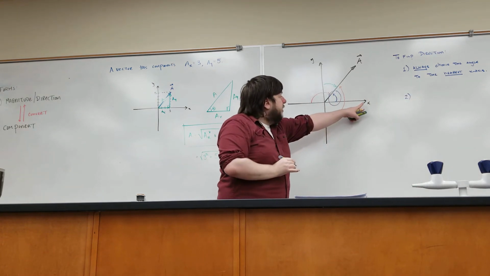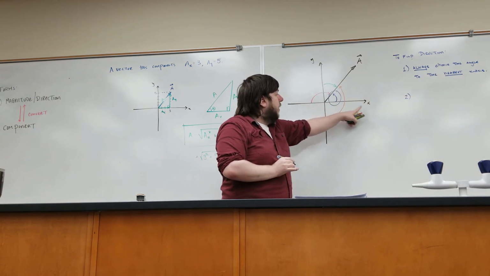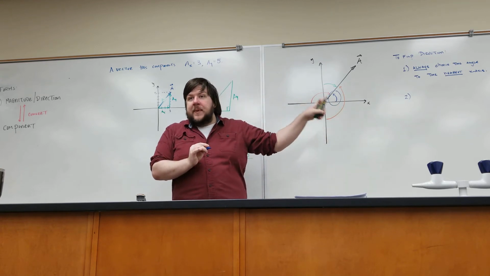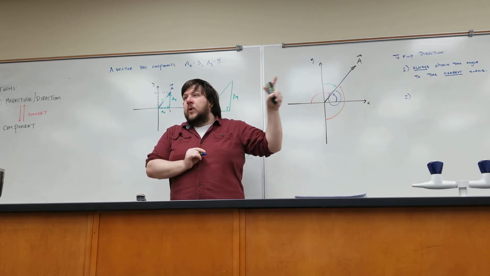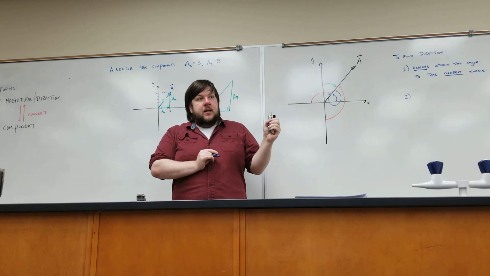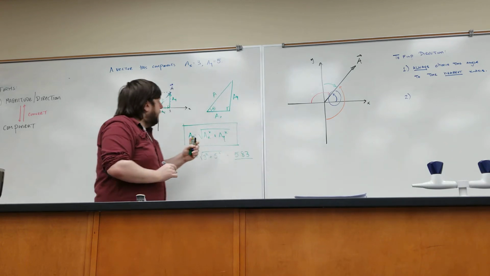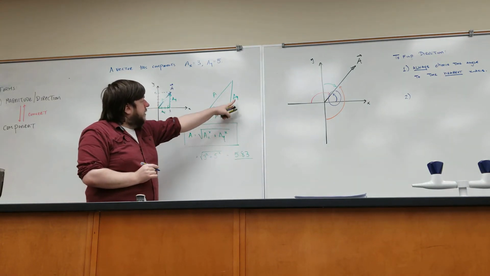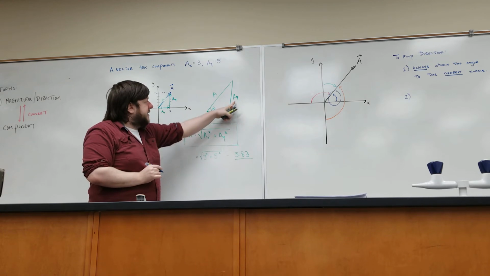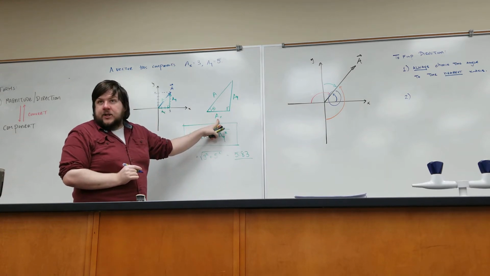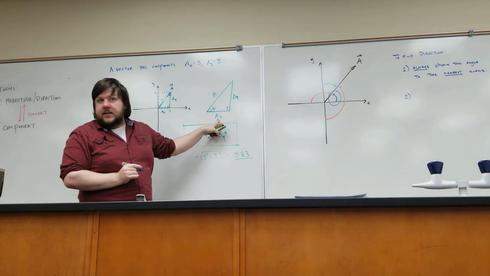because you chose your x-axis to touch your angle, the x-axis is always going to be the adjacent, and we'll use tangent to find the angle. We'll use tangent because we'll know the x and the y, so we'll know the opposite and the adjacent. Tangent has to do with opposite and adjacent.